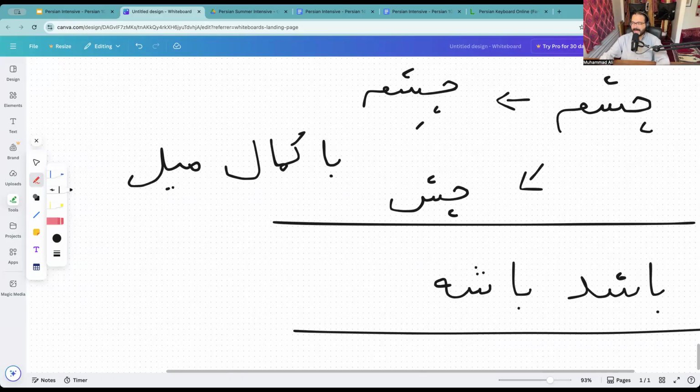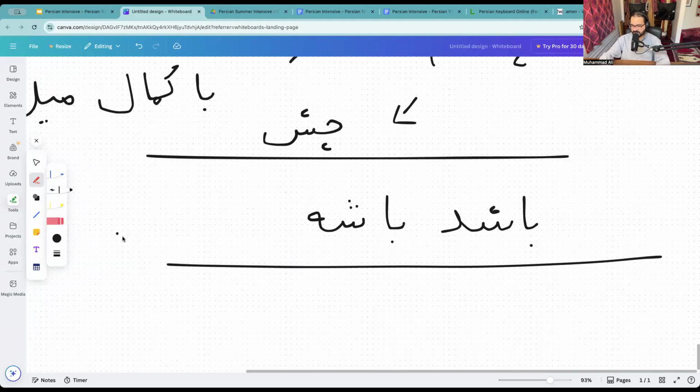The word amen also means so be it, which is the same as amin in Persian. So amen means so be it, but what we use it to mean is God accept the prayer. Bashad also means so be it, but it means okay, fine. Like it'll be.